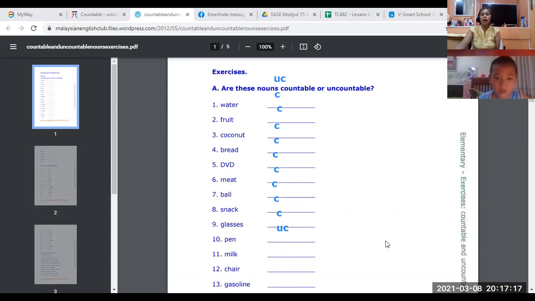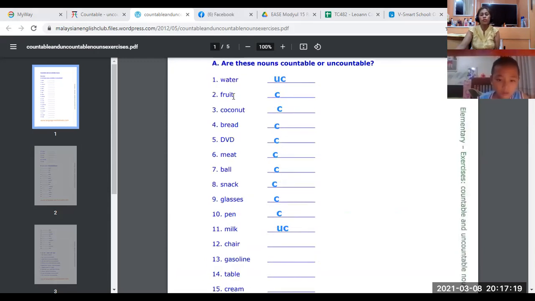Water is uncountable. Next, fruit. Fruit is countable. Food is countable. Next, coconut. It is countable. Bread. Countable. DVD. Countable.